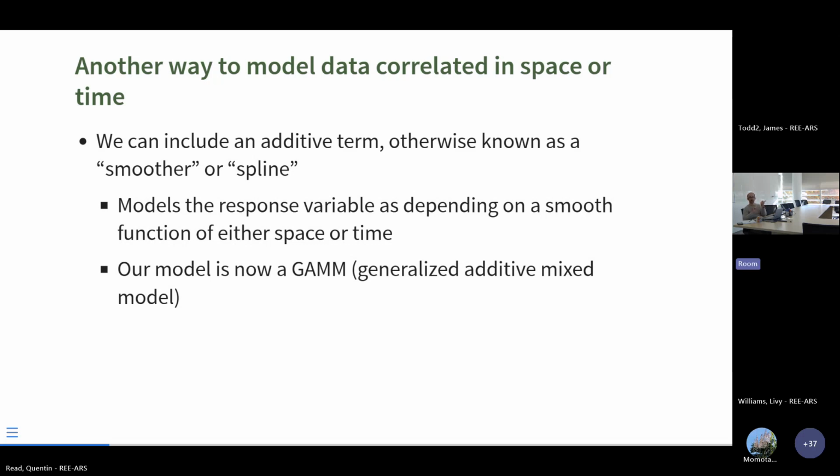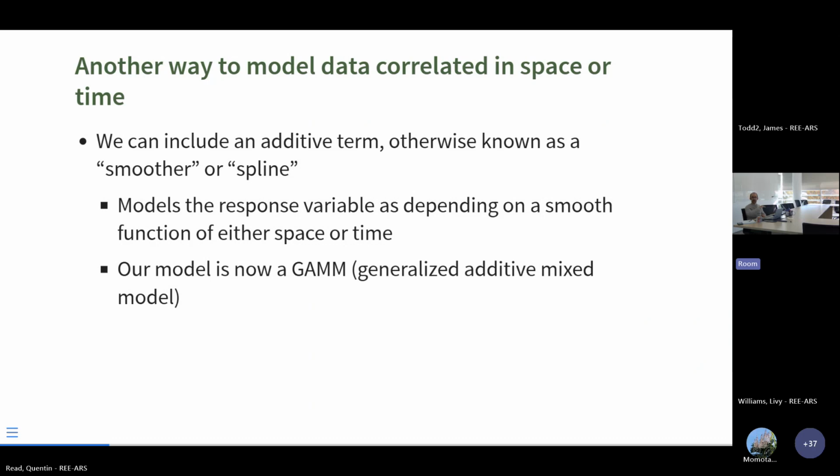Yeah, so the two main ways to deal with it are, number one, as I just said, put it in the residual covariance structure, or number two, you can just model the space and time effect directly. A lot of times those effects are not linear, so we have to use an additive term, a spline. Some call it a smoother, some call it a spline.